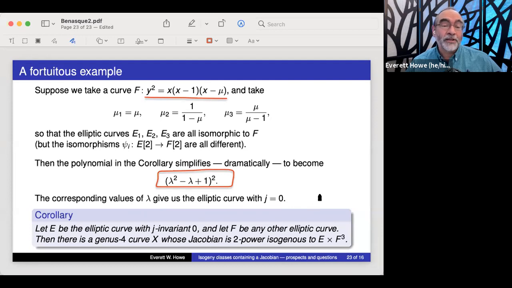So what that means is that if you let E be the elliptic curve with j invariant 0, and you let F be any other elliptic curve, then you can explicitly construct a genus 4 curve whose Jacobian is 2-power isogenous to E times F cubed. So that's also kind of a beautiful thing, I think.